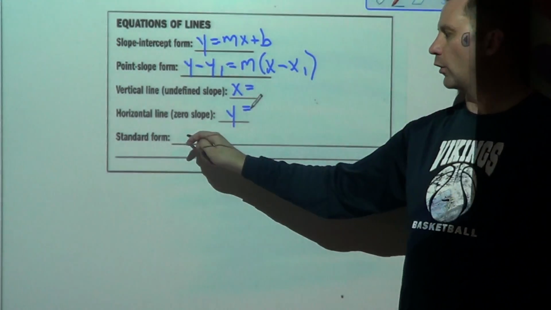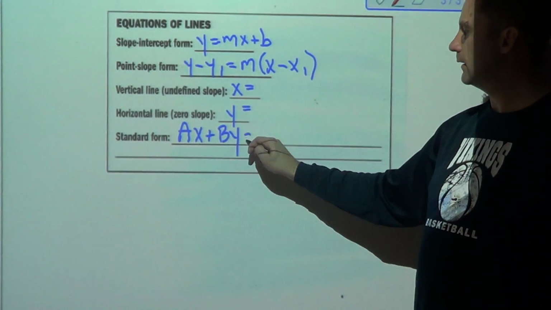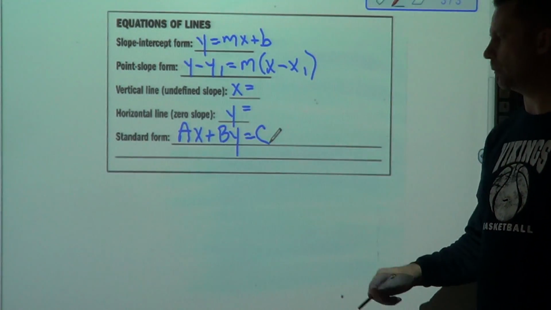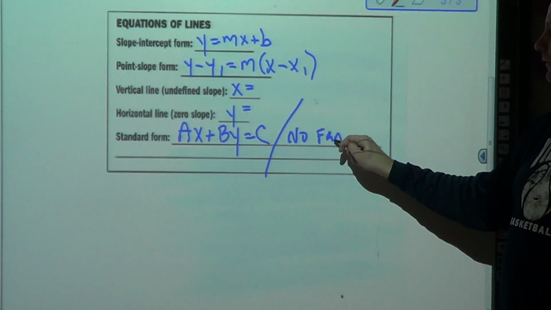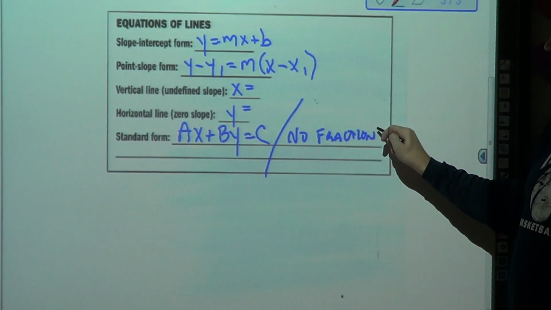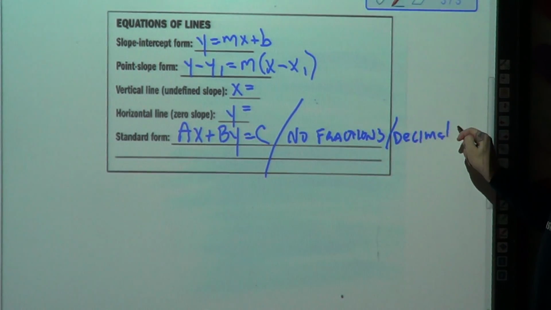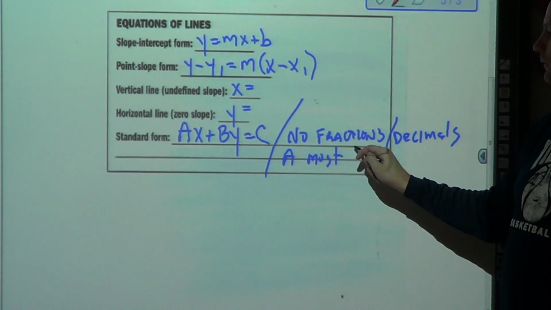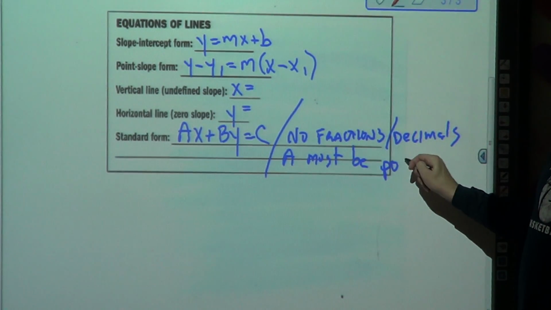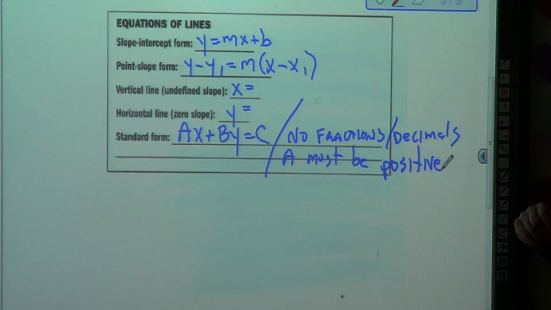And then standard form is ax plus by equals c. Okay, and we'll put the conditions on there: no fractions or decimals, and then a must be positive. Okay, that's it for 5.4.